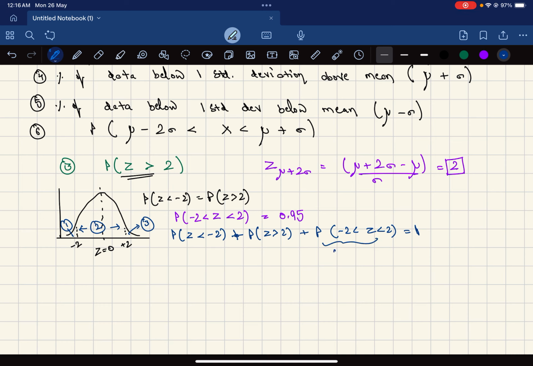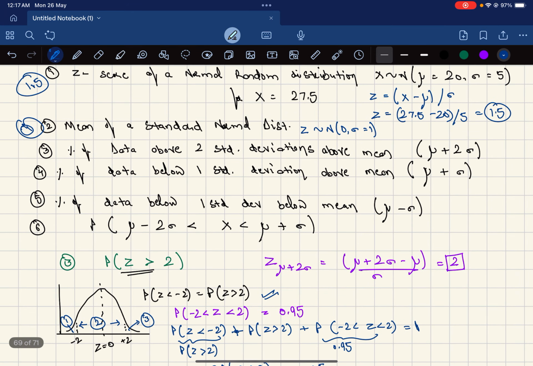Now this is equal to 0.95, and P(z less than minus 2) is equal to P(z greater than 2) due to symmetry. Therefore, we are left with 2 P(z greater than 2) equal to 1 minus 0.95, which is 0.05. Therefore, P(z greater than 2) is given as 0.025. So we can write the percentage here as 0.025 or 2.5%.